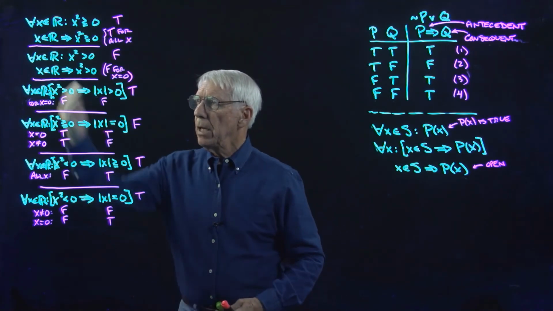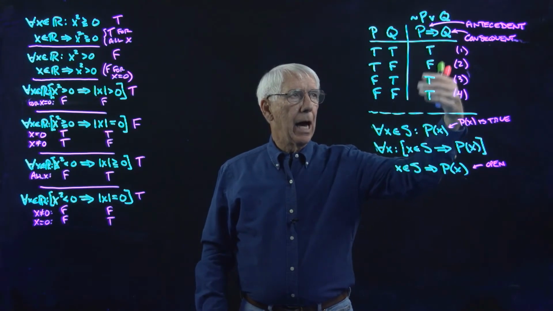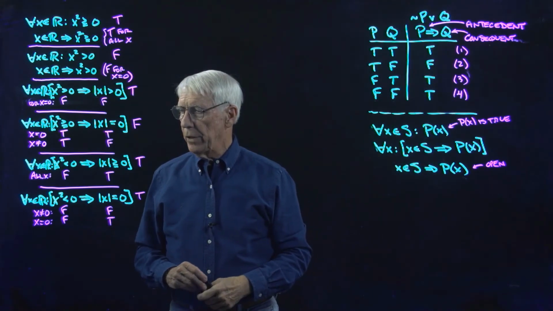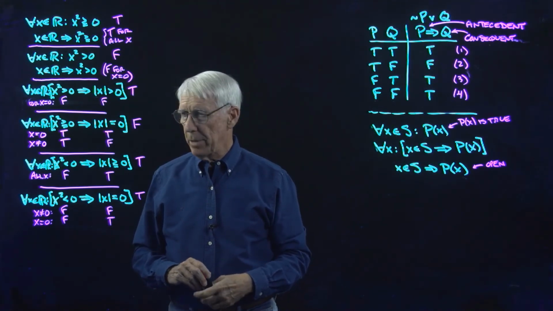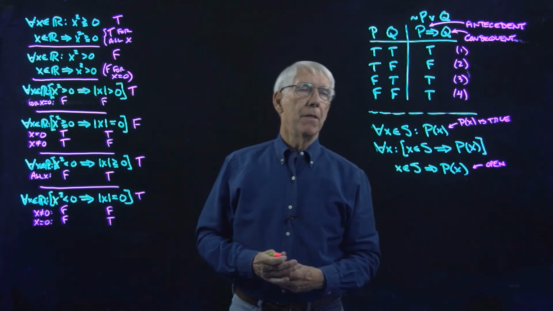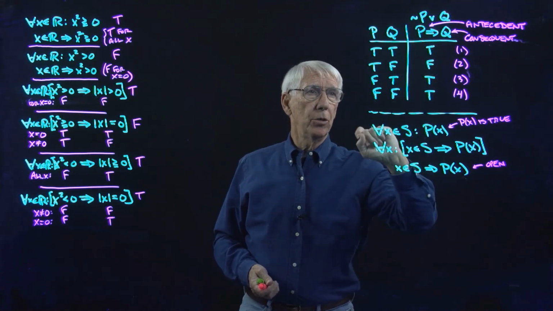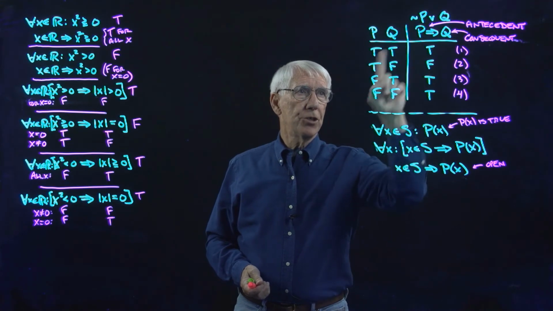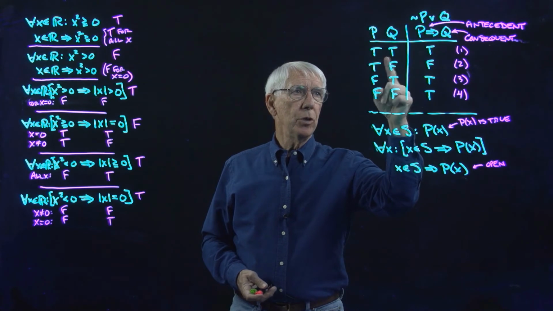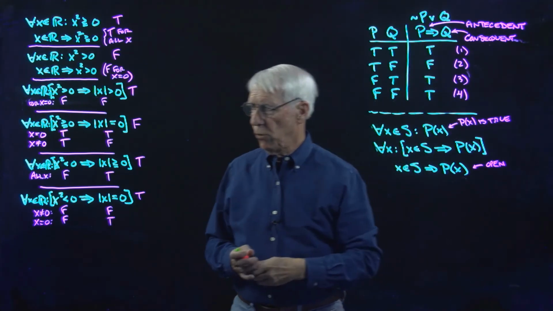I think these various examples bring out the various things that can happen when we're working with the implication compound statement. The first point to make is that this is the same as not P or Q, and that it's false only when P is true and Q is false, so that even when Q is false, we could have the implication being true, as in line 4.